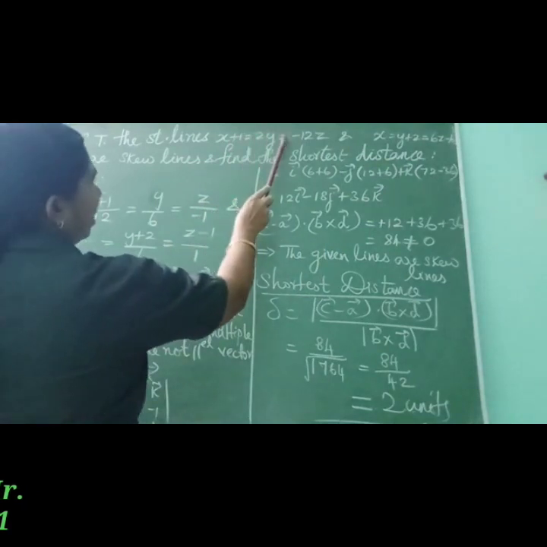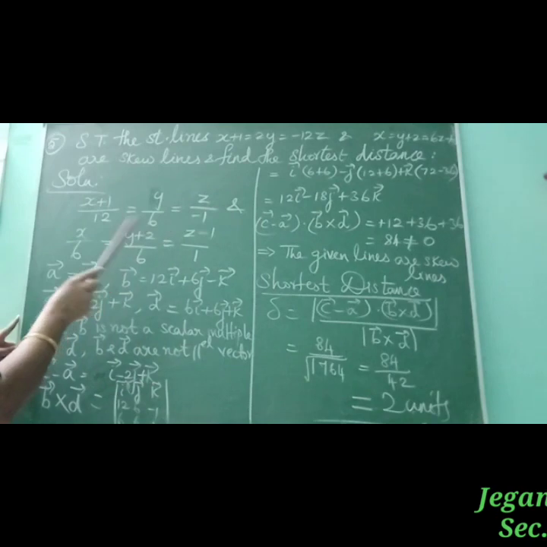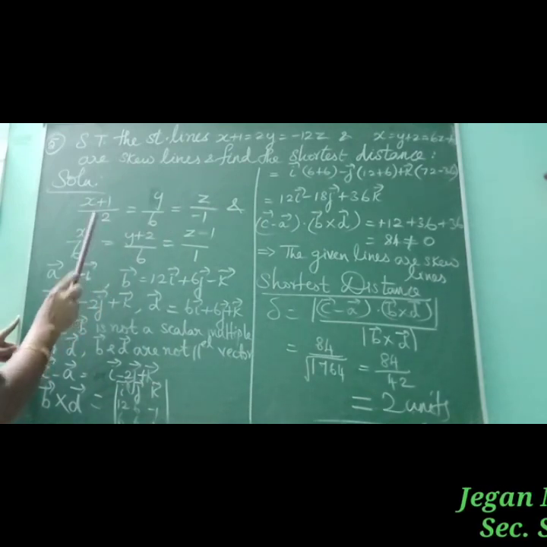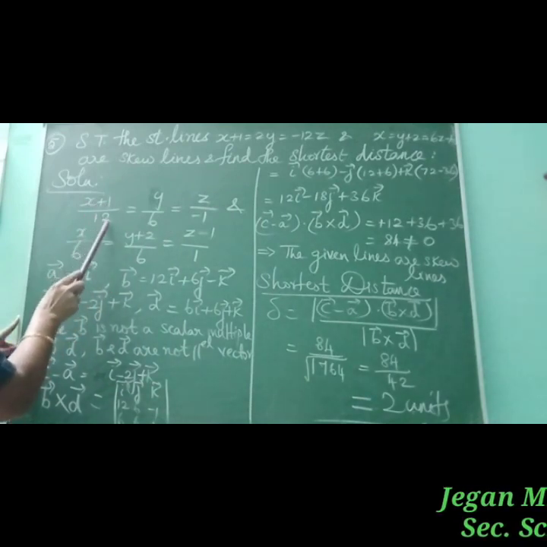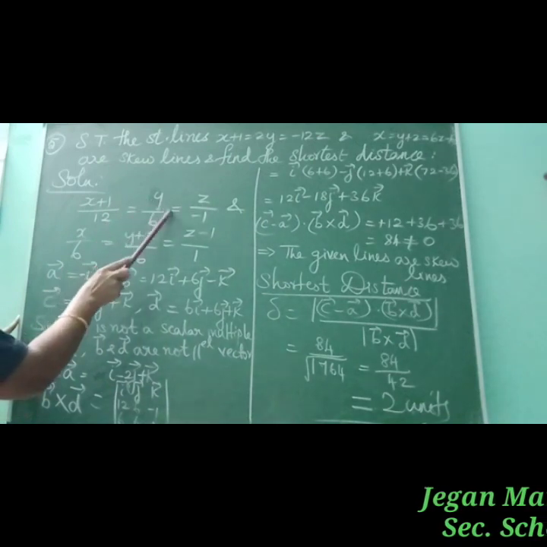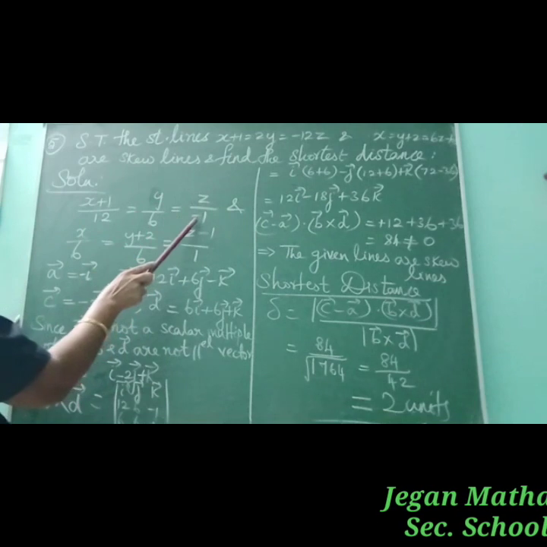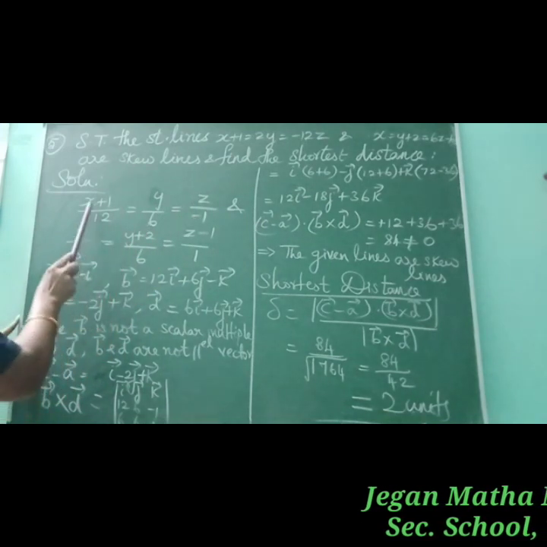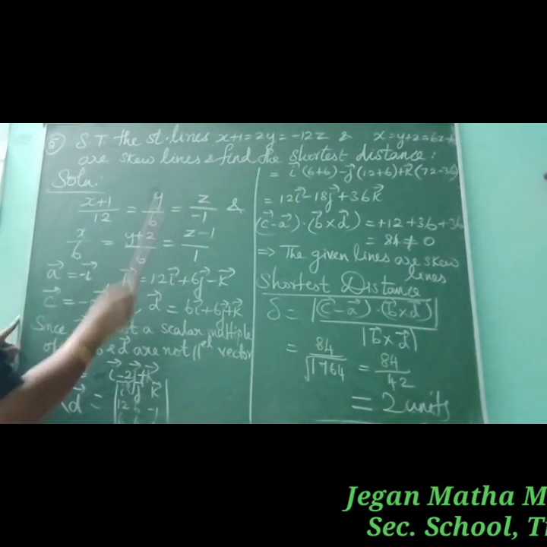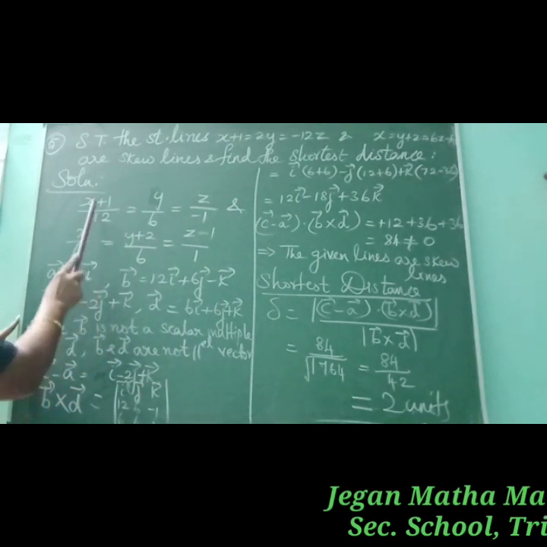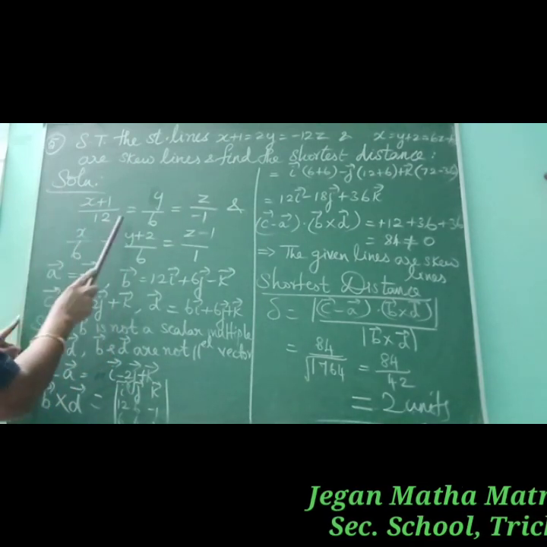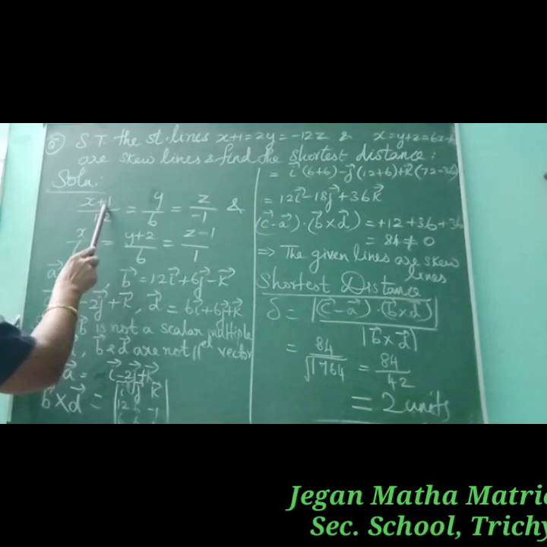First, we can rewrite these two equations in the standard form. We know the Cartesian equation form is (x minus x1) divided by b1, (y minus y1) divided by b2, (z minus z1) divided by b3. So always variables with 1 as a coefficient you have to write in the numerator first. In the first equation, x plus 1 is there.